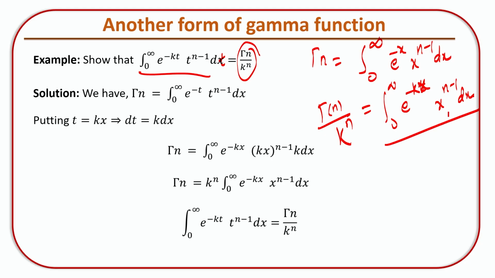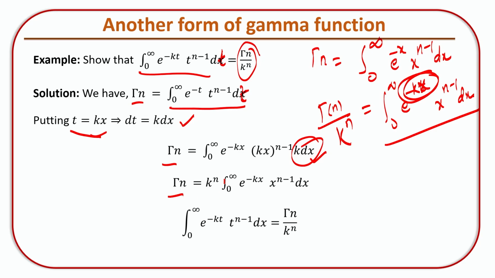So let us take the left hand side. Gamma n has been written into this one. Now put t equal to kx, and dt becomes k dx. So gamma n is equal to the integral from 0 to infinity of e^(-kx) (kx)^(n-1) k dx, dt equal to k dx. These are typos, you have to be careful for these typos.